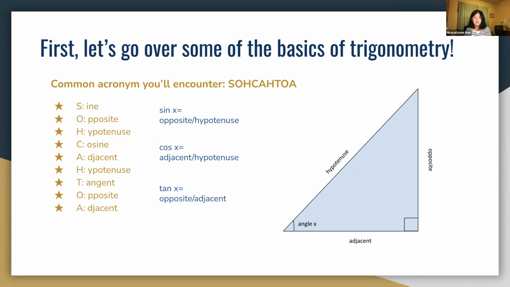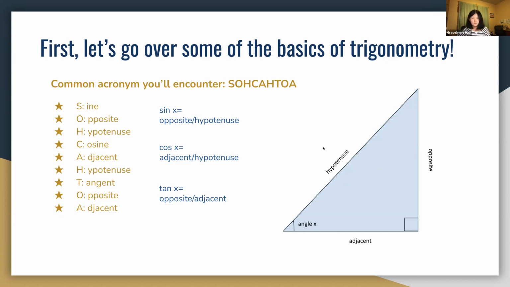And of course, we have sine, and this part just means that the sine of angle x is equal to the opposite length over the hypotenuse. Here, since we have angle x, this would be the opposite length because it's opposite of the angle. And since we are dealing with right triangles in trigonometry for the most part, this is the hypotenuse. To find the sine of this angle, you just divide this length over this length.